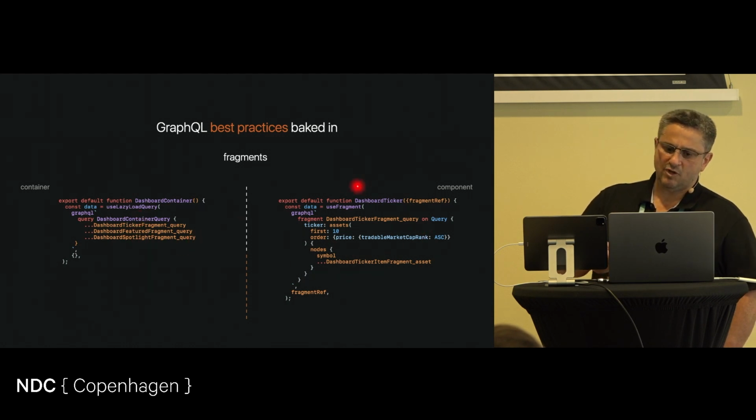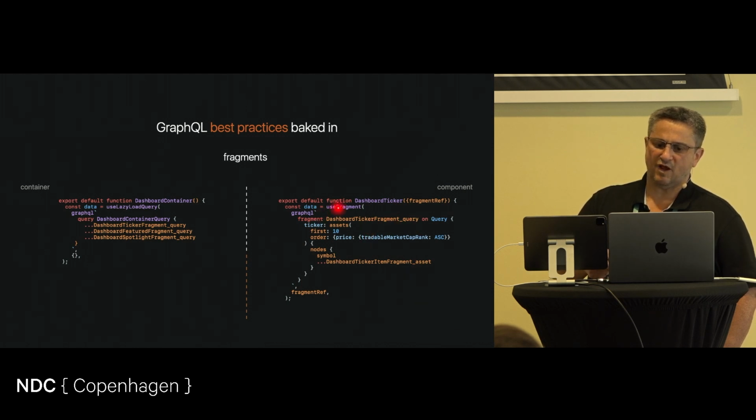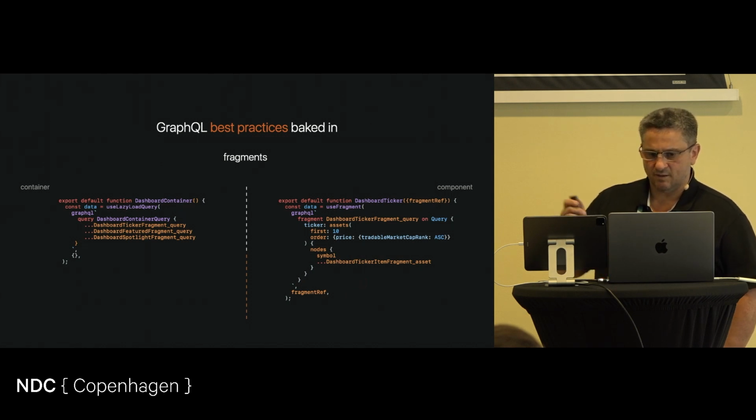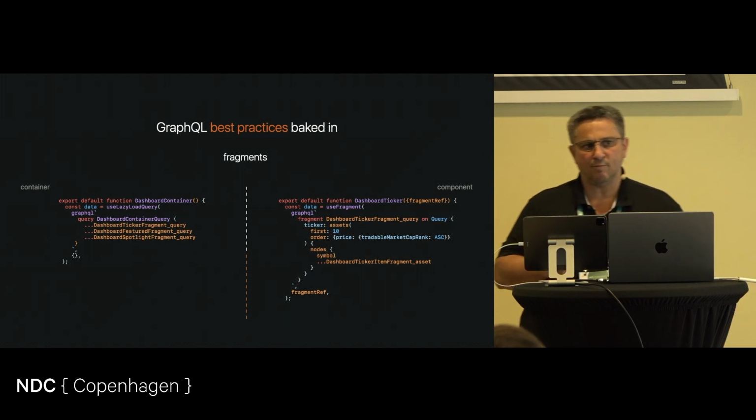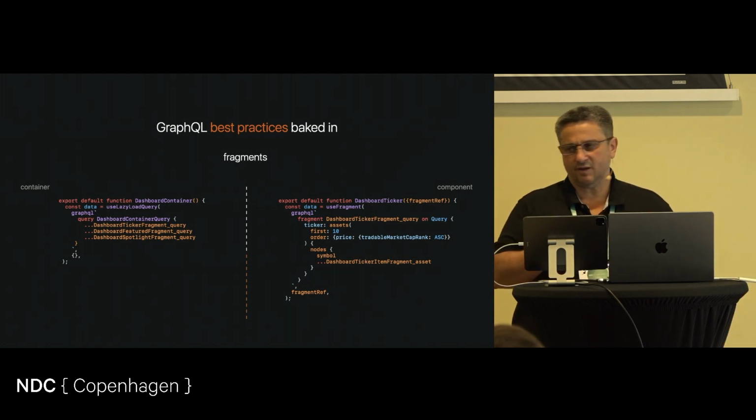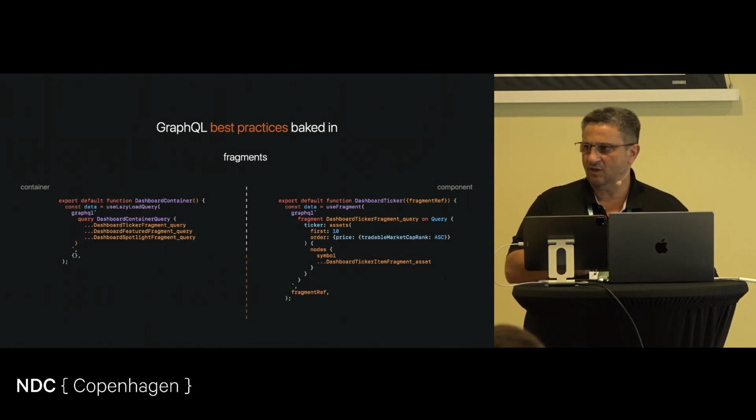But now when we look into our component, each component will use this hook, useFragment, to define the data requirement. Did you see that long query that I did before was just a copy-paste of this fragment that we have here? That means that we are collocating the data requirements to the component. That makes it very easy to see what we need and where we need it.